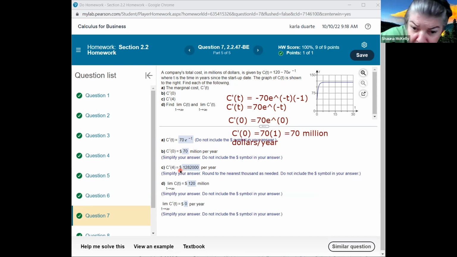They don't want you to put another dollar sign in the box because they already have one there for you. Now, if you evaluate this on your calculator, let's do that. This comes out to, let me see here, clear the drawings.